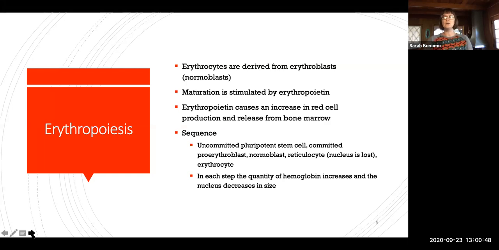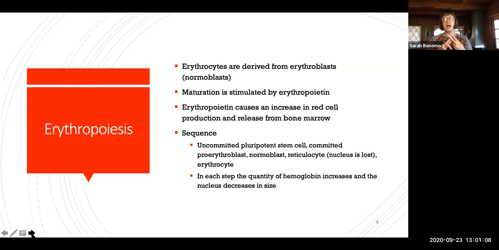So when erythropoietin gets released, it causes an increase in red blood cell production, which then gets released from the bone marrow into circulation. I put the sequence here. I'm not going to test you on the sequence of what happens, but if that interests you, there you go.